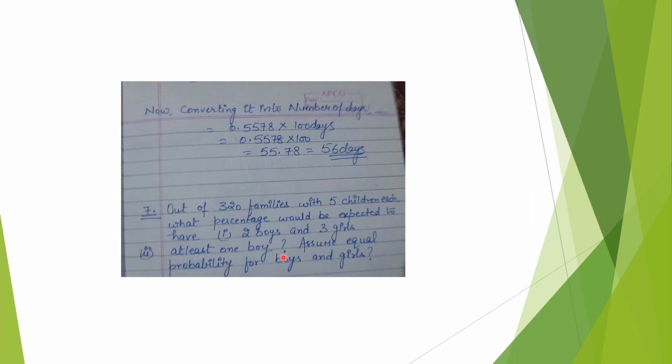Under the second point they are asking for having at least 1 boy. For calculating the probability of these 2 sub points, we have to assume equal probability of both boy and girl birth rate.